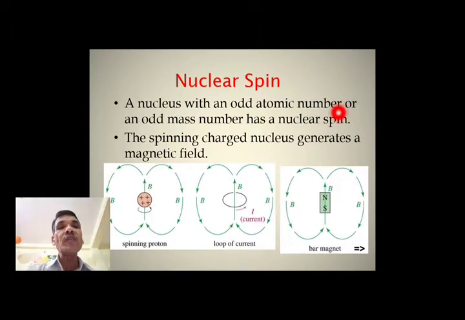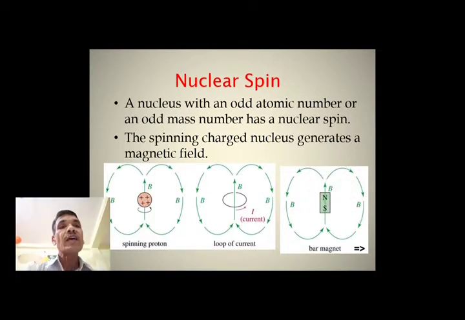Here in this figure, it is shown that this nuclei is spinning along this axis, and due to this spin, the magnetic moment generated by this nuclei shows a loop of current which is flowing around the nucleus in this direction, and therefore it acts as a bar magnet, which is shown here.